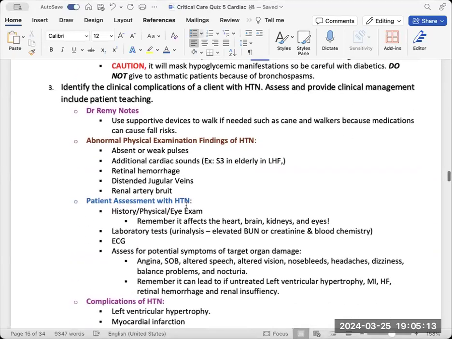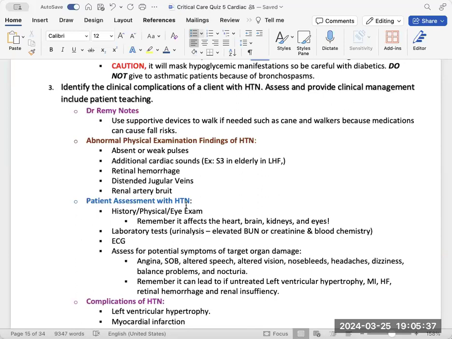The next is identify the clinical complications of a client with hypertension and assess and provide clinical management and include patient teaching. So we already talked about medications and things like that, like how with our diabetics and asthmatics, we probably wouldn't want to give those, but we do have to watch out for certain things, right? But what are other clinical complications for someone who has hypertension?